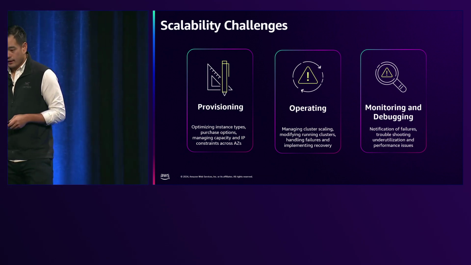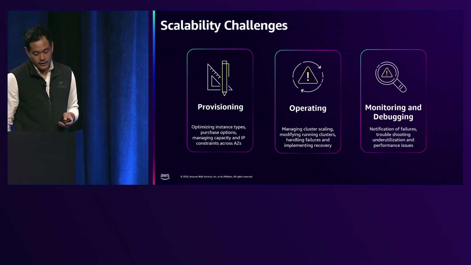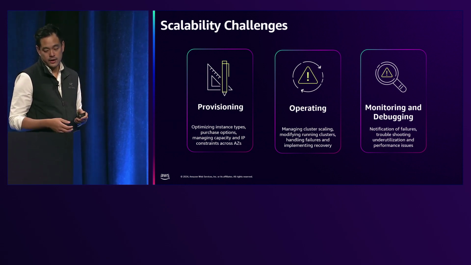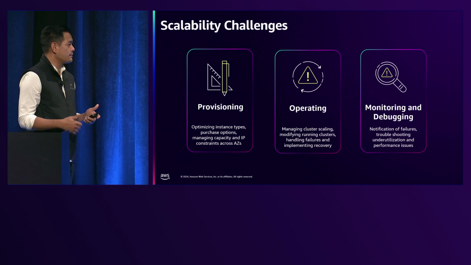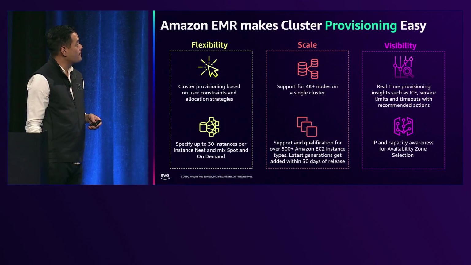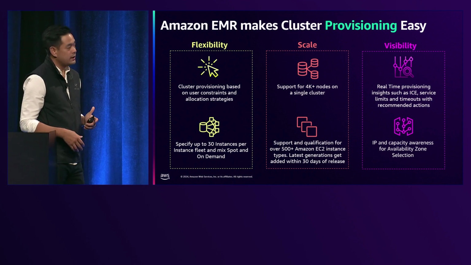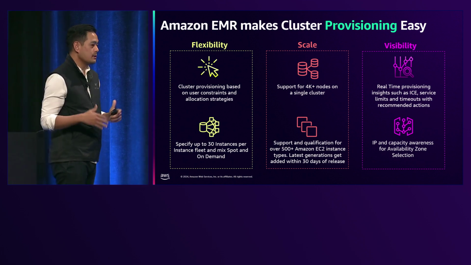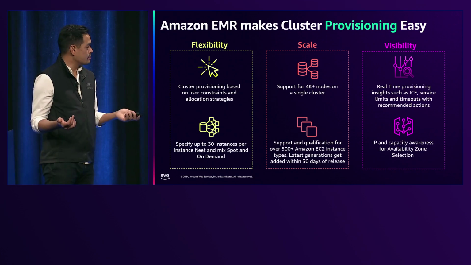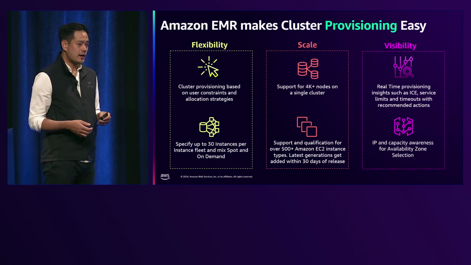Over the last few years, EMR has really focused on making these three areas easier for customers by providing flexibility and making decisions on your behalf. Starting with provisioning, EMR provides flexibility by being able to specify up to 30 different instances during cluster provisioning and a number of allocation strategies.